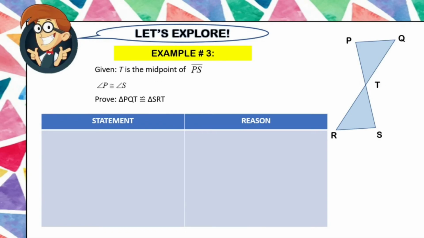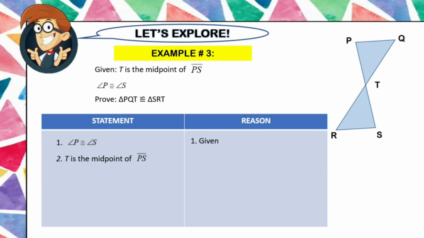For our last example, we have P is the midpoint of segment PS and angle P is congruent to angle S. Together, let us prove triangle PQT is congruent to triangle SRT. For our first statement, angle P is congruent to angle S. For the next statement, T is the midpoint of segment PX.